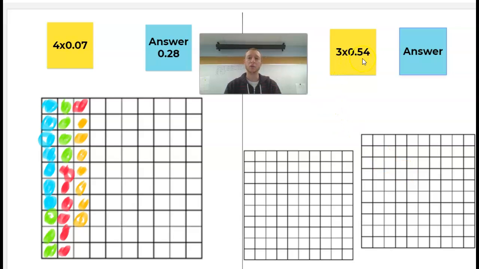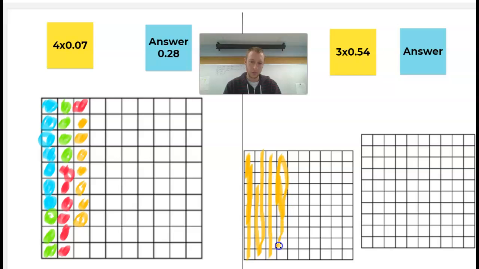So now I've got 54 hundredths times 3. So let's start shading them in. I'll start with yellow, so 54 hundredths. I'm just going to shade in this whole row because this is 1/10. Here's 2/10. Here's 3/10. 4/10.